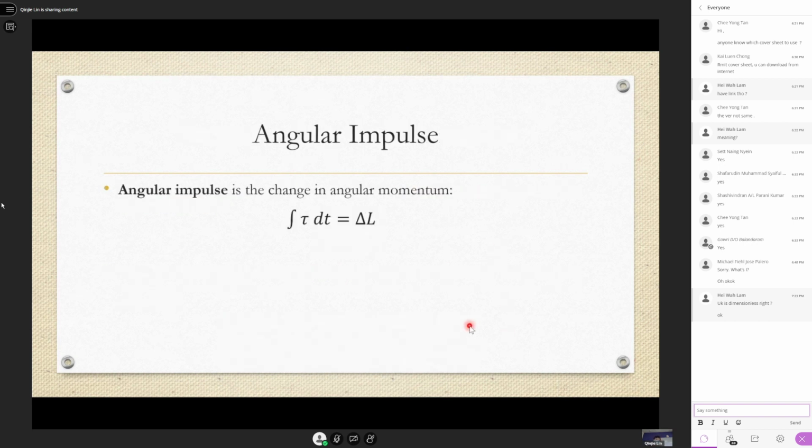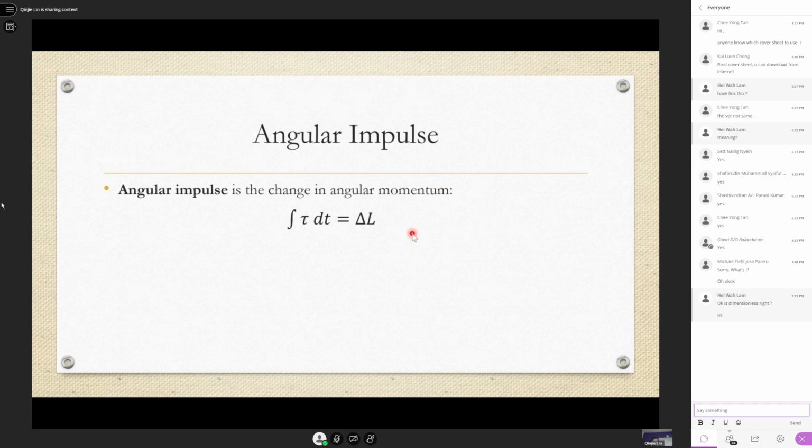So remember when you studied linear momentum, there's also something called the impulse, right? Impulse is the change in momentum. So angular impulse is also the same thing. Just that if you put angular in front, it means it's the change in angular momentum.